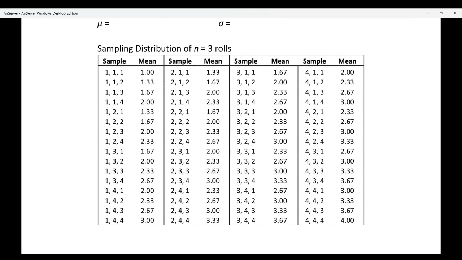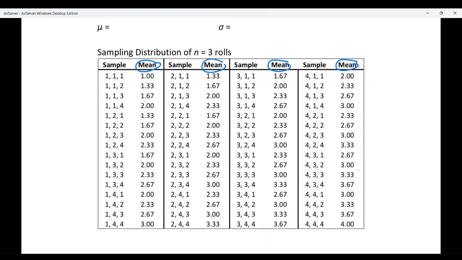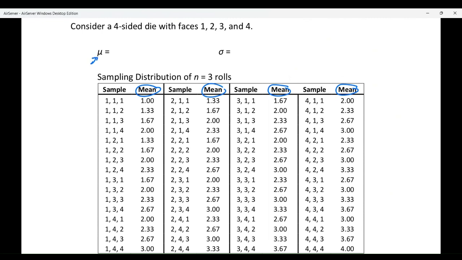And then you've got this column, which is the mean or average of those 3 rolls, okay? So this mean right here is really kind of the average of the averages. It's the average of those means. And the average of those 3 rolls would be 2.5. The standard deviation is 1.118.